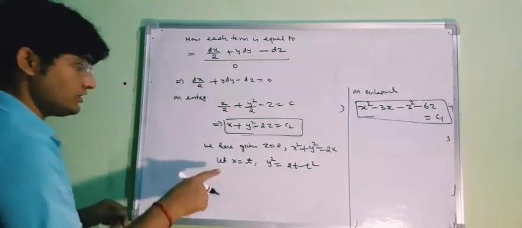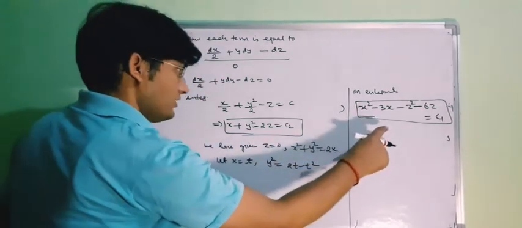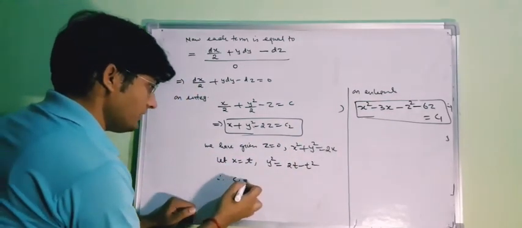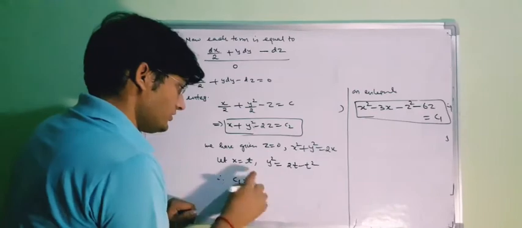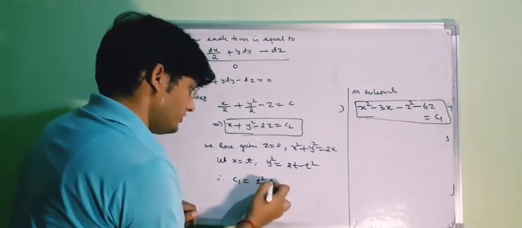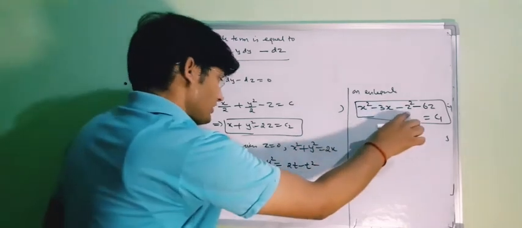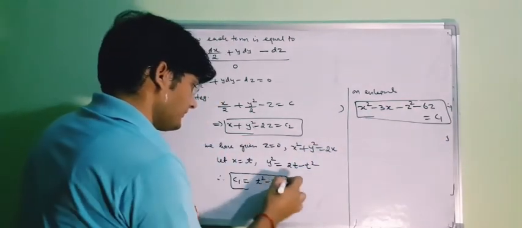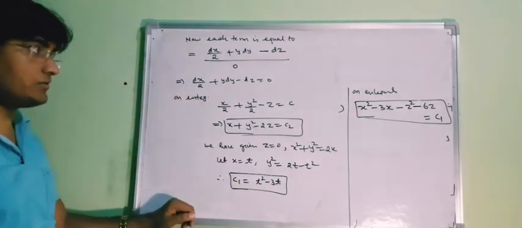So now let us put these values in the equations for C1 and C2. Therefore from here our C1 will be t square minus 3t. Our z is 0, so these two terms will be 0, so this is your C1.